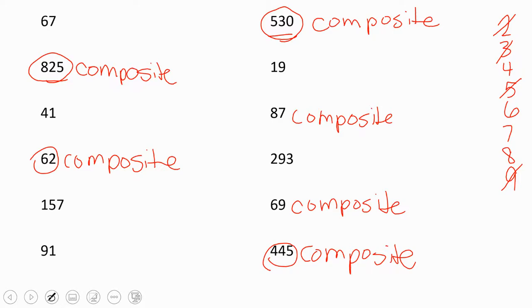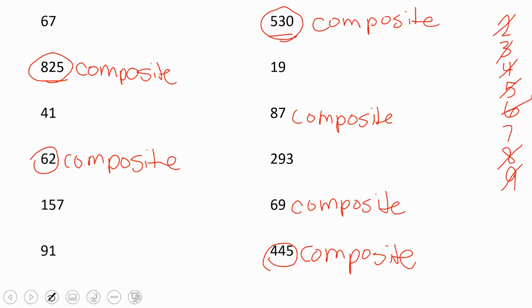Now, when we check 2, that is essentially saying we checked all even numbers. So if it's not divisible by 2, it's not going to be divisible by 4 or 8 or 6. It's not going to be divisible by any even number. So when you clear out 2, you're clearing out 2, 4, 6, 8, 10.